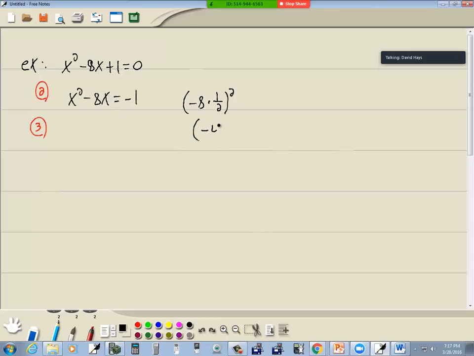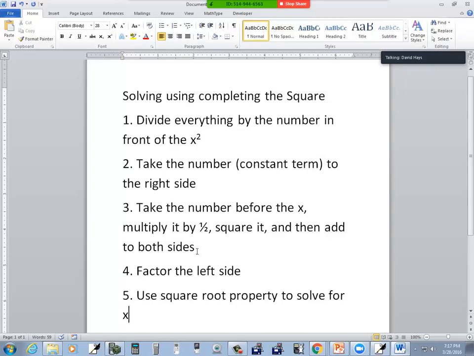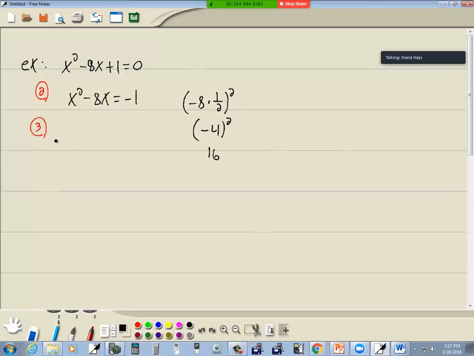So negative 8 times a half is negative 4, squared, and negative 4 squared gives us positive 16. And that says then add to both sides. So I've got x squared minus 8x plus 16 is equal to negative 1 plus 16, which is 15.